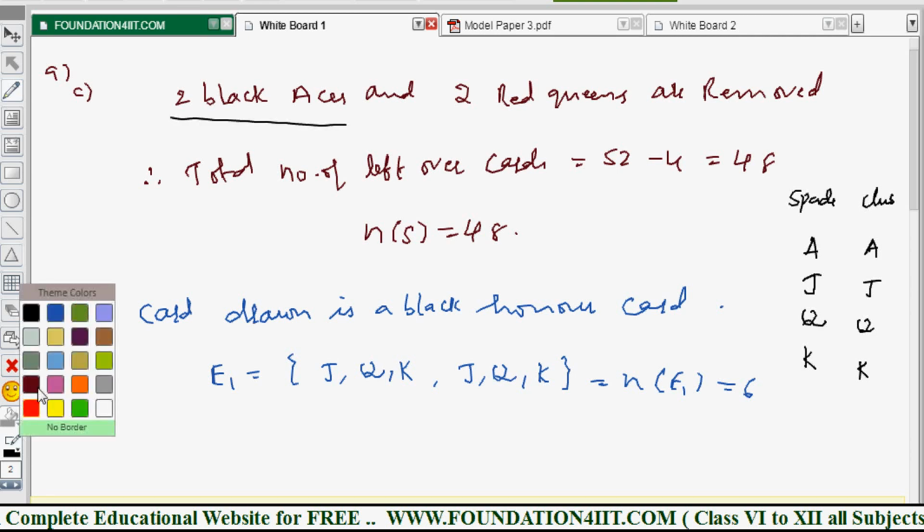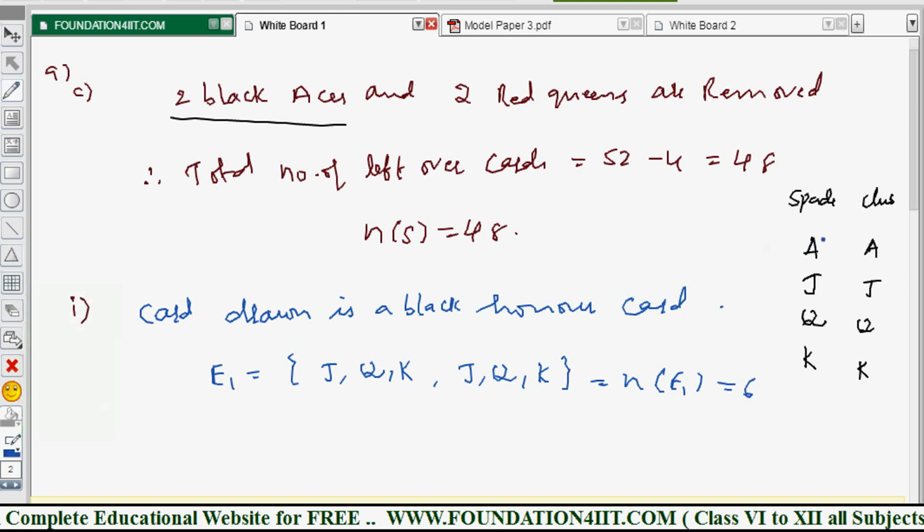If we remove these 2, the remaining are only J, Q, K and J, Q, K, so 6. Get clear: spade jack, spade queen and spade king are left. Similarly, club jack, club queen and club king are left. These are left from the remaining black cards, total 6. That's why n(E1) equals 6. Now we can find the probability simply. Therefore, the required probability.